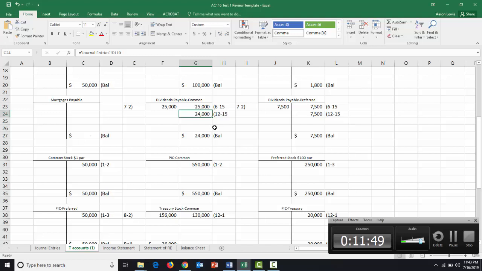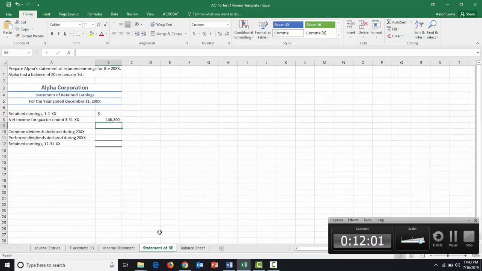The fact that we paid off $25,000 of that doesn't matter for this particular part of the statement of retained earnings. We only want to know how much we declared. We declared $25,000 plus $24,000 is $49,000 worth of common dividends during the period. We're going to do the same thing with preferred.